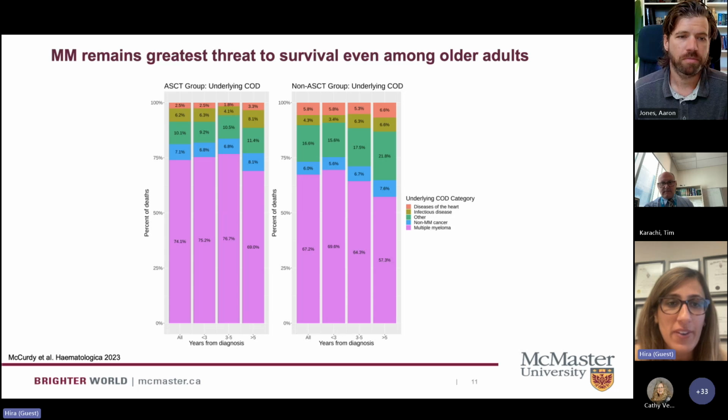So over here, we divided the group into two cohorts, a transplant eligible and a non-transplant eligible cohort, and just showed that even though the rates of dying from myeloma were decreased, they were still actually quite high in older adults. So here, we really looked at the causes of death in different myeloma cohorts, and also depending on the time from the time of diagnosis. So this was, again, a neat little project that is novel data for the world in terms of population level data.